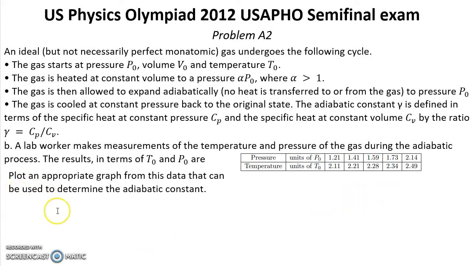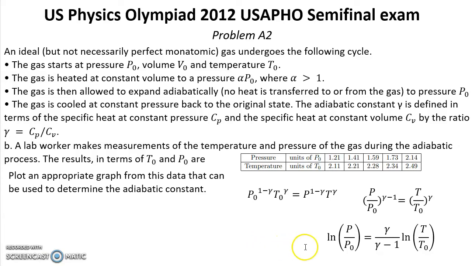Plot an appropriate graph from this data that can be used to determine the adiabatic constant. For an adiabatic process, this expression is constant. It means that we have this expression for the adiabatic process. Now let's take a logarithm of both parts.